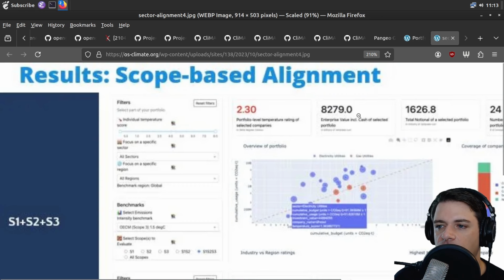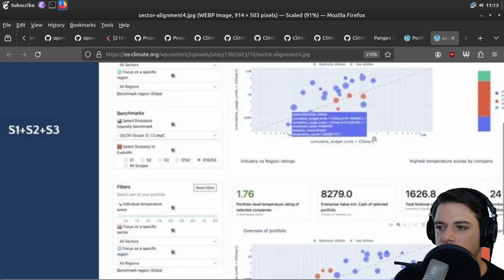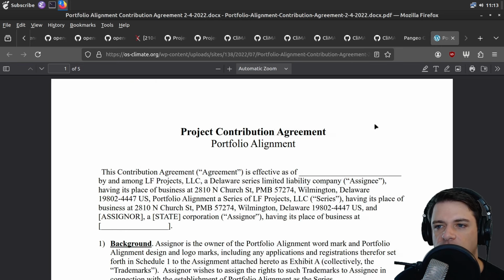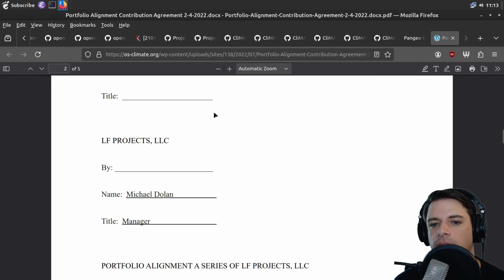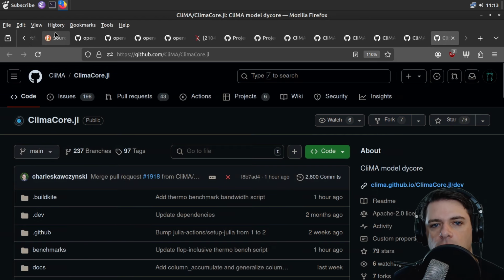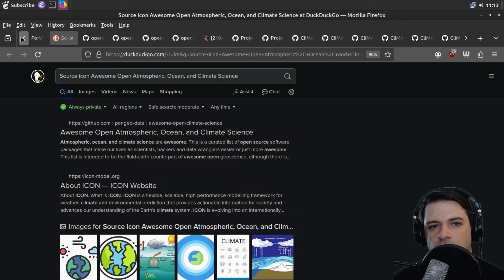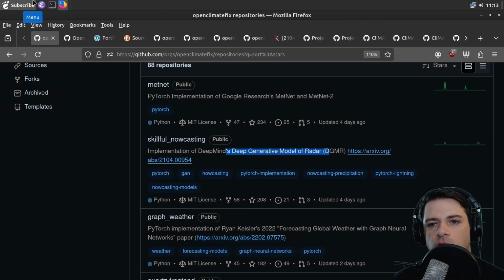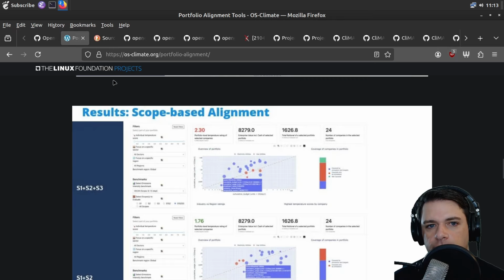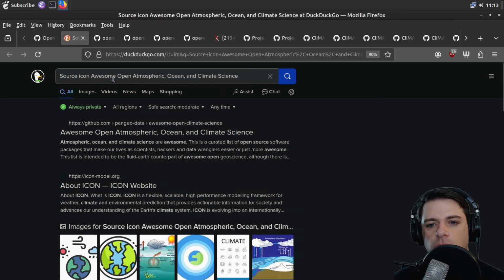Then we have enterprise value, including cash of selected portfolio, and so on. For what? So I guess you have some investment portfolio. What is this? This is the OS Climate thing. Okay. So that's mildly interesting, but it's kind of a weird positioning. I see what the need for it is, but I don't think that's what we're here for.